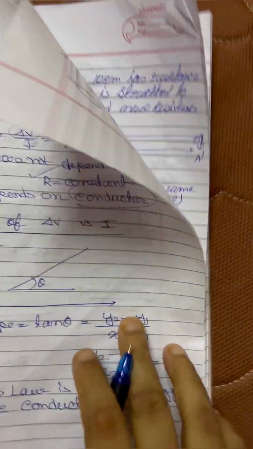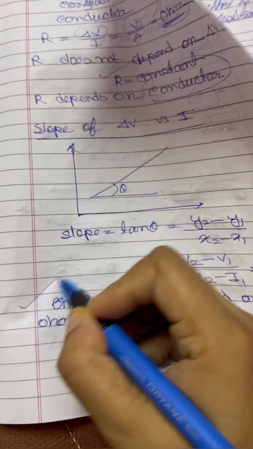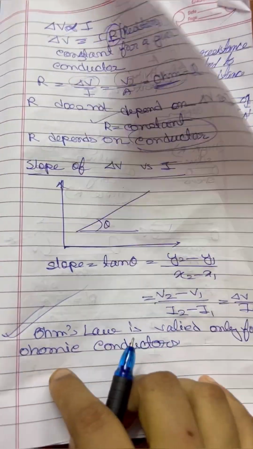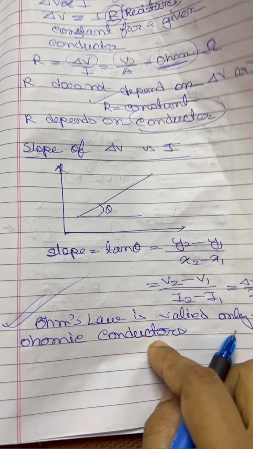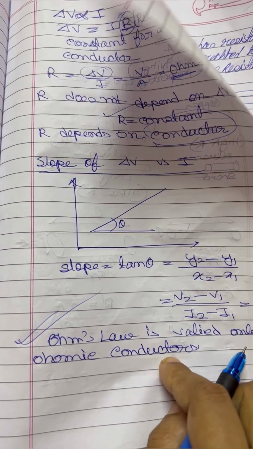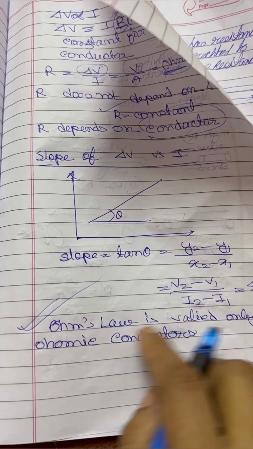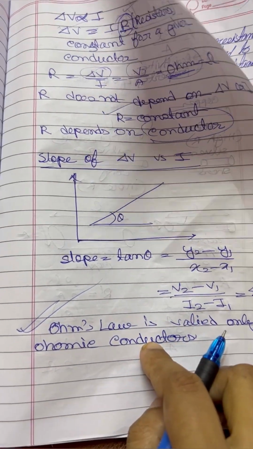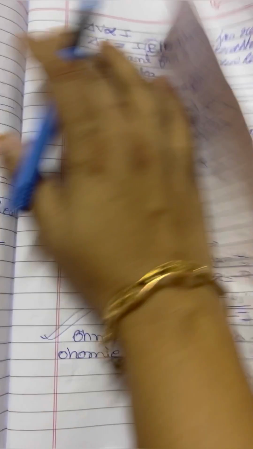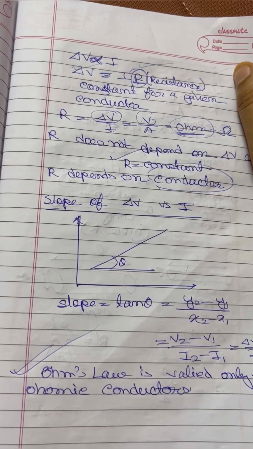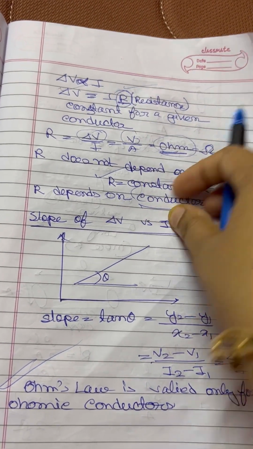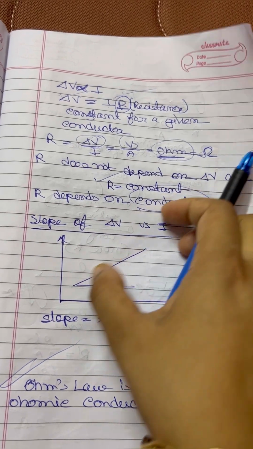Another thing you remember: Ohm's law is only valid for an ohmic conductor. Water is a conductor, but it is not an ohmic conductor. So Ohm's law is valid for ohmic conductors, and most of the metals follow this Ohm's law, except fuse. If we draw the V versus I graph, the slope will be like this.